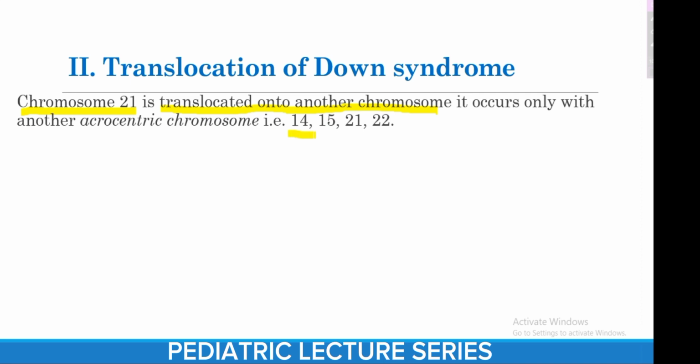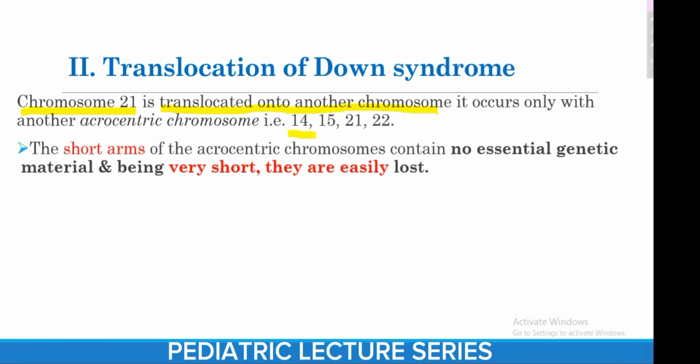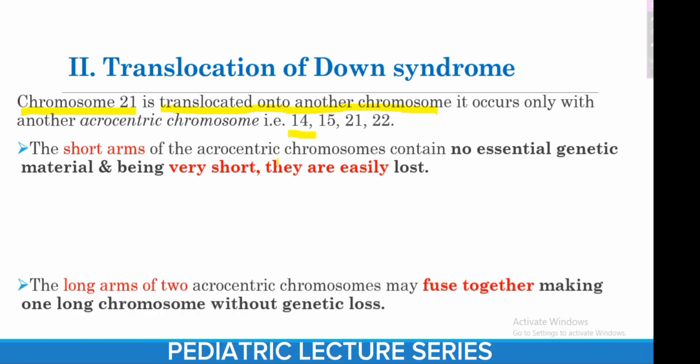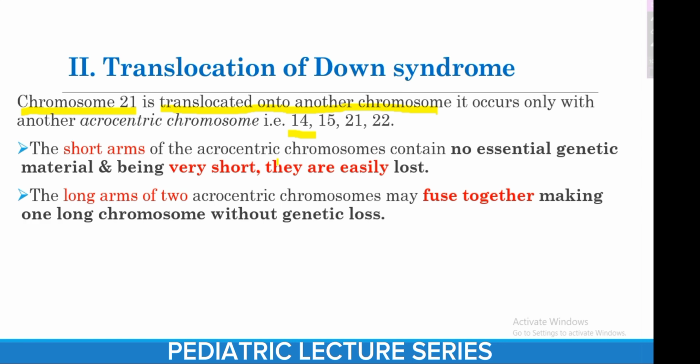Each chromosome has a short arm and a long arm. So the short arms of chromosome 21 and chromosome 14 fuse, and the long arms of chromosome 21 and 14 also fuse.